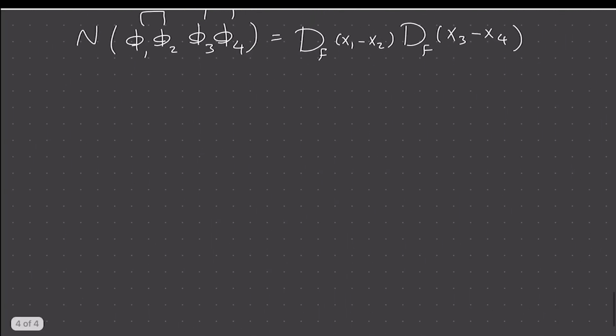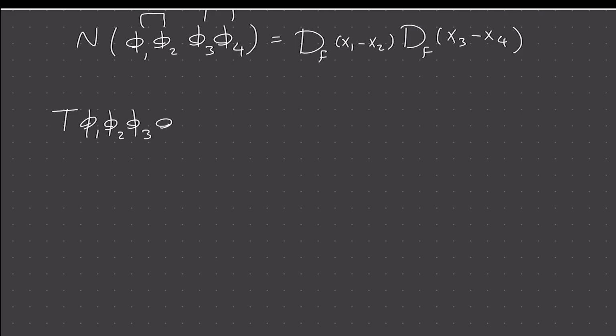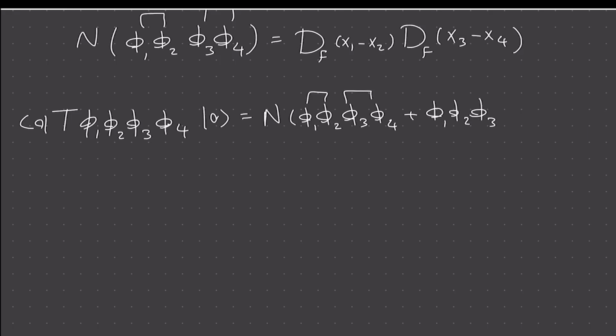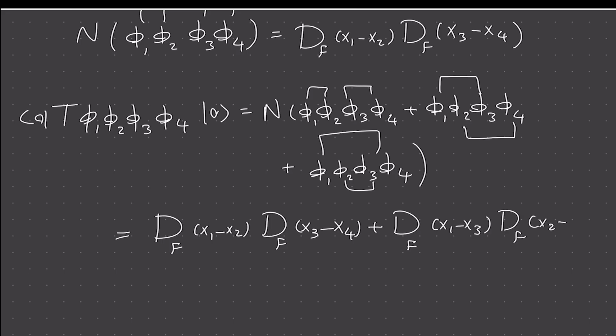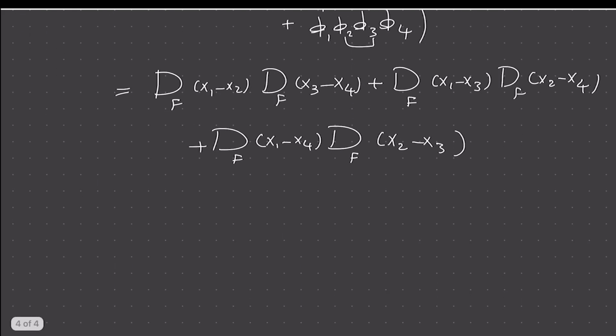So we can say that to calculate the time ordering of phi 1, phi 2, phi 3, and phi 4, the only terms that are going to survive are the normal ordering of the contractions of the 2 by 2 cases, which is going to be, okay.